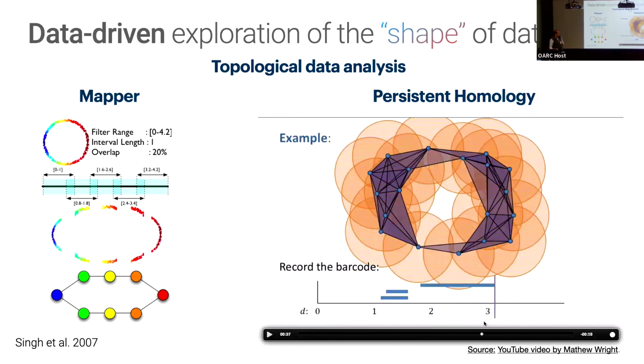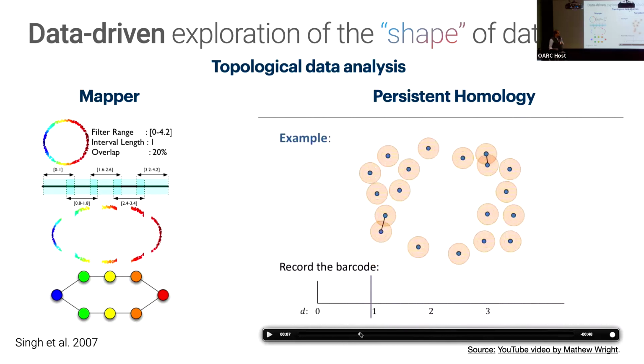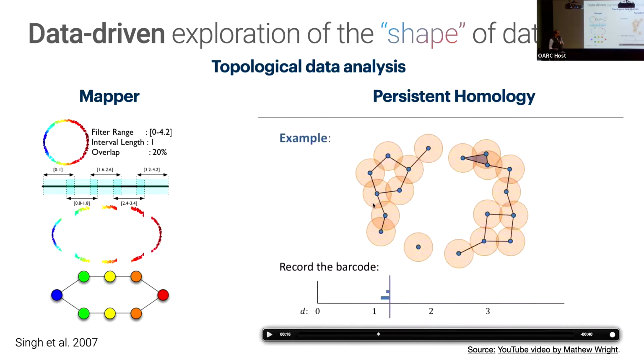And so the idea is that in these barcodes here, you're measuring what kind of component appears. At this point, if I go back in the movie, here, the number on the y-axis of the bar is telling you the different levels of components, like one connected component, two components, or a loop pops up and so on and so forth.